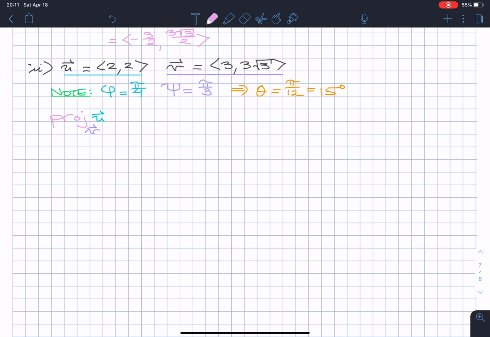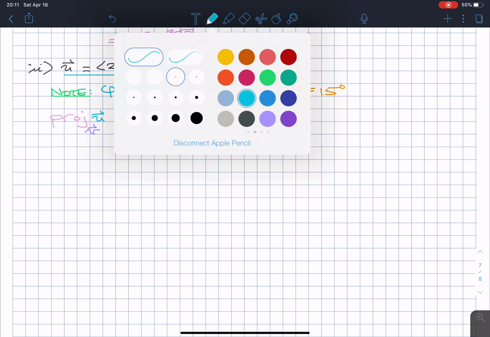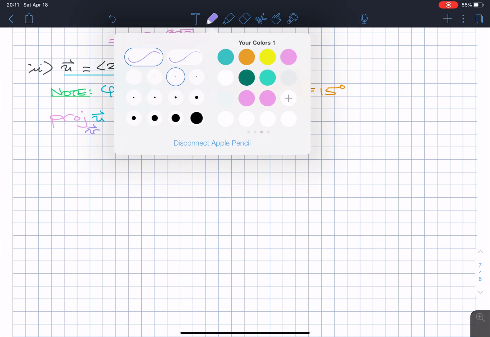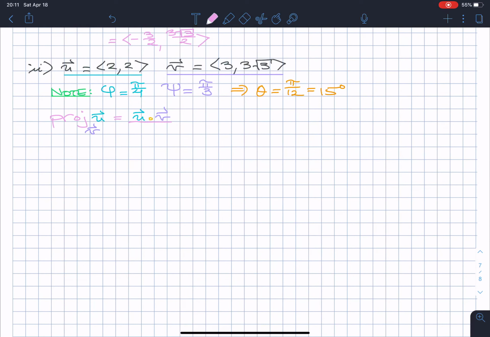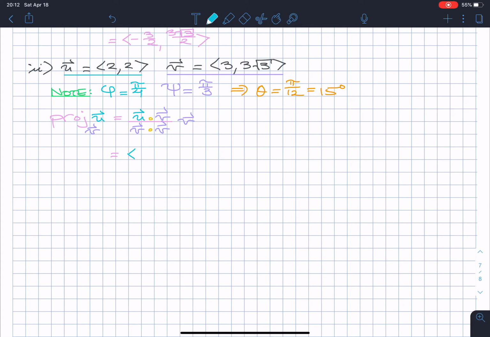So that's, of course, going to be the dot product of u and v, u dot v, divided by the dot product of v and v, times vector v. Okay, so what do we have here? So we have a vector u at 45 degrees, or pi over 4, is 2 comma 2.